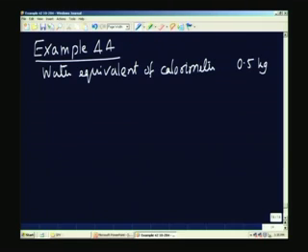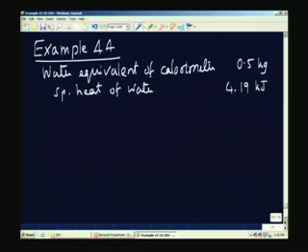It is like half a liter of water being heated, half a kilogram of water being heated, and the specific heat of water is well known, 4.19 kilojoule per kg degree Celsius.